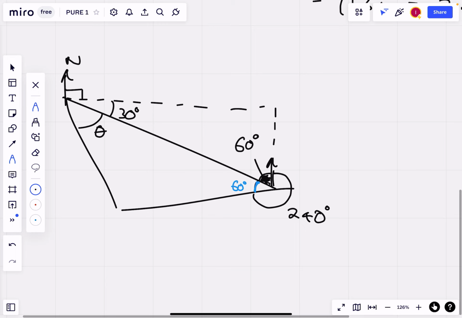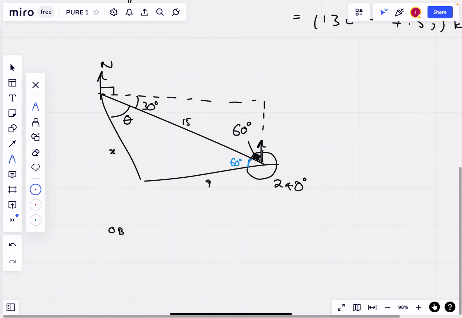Cool. And we know that this is 15. We know that this is 9. So to work out x here, what can we use? Cosine rule.